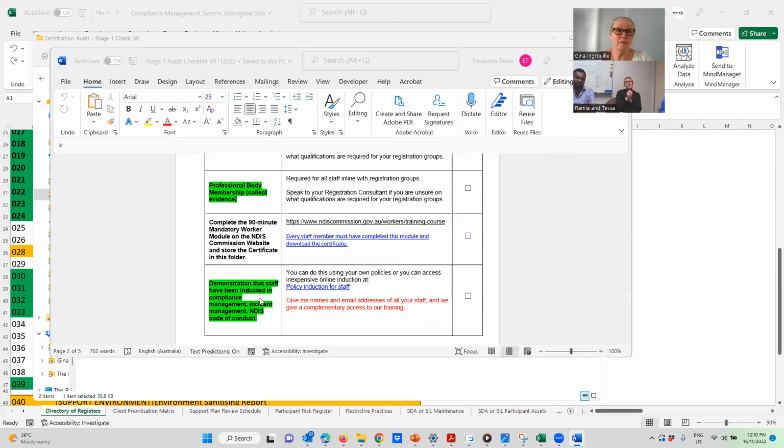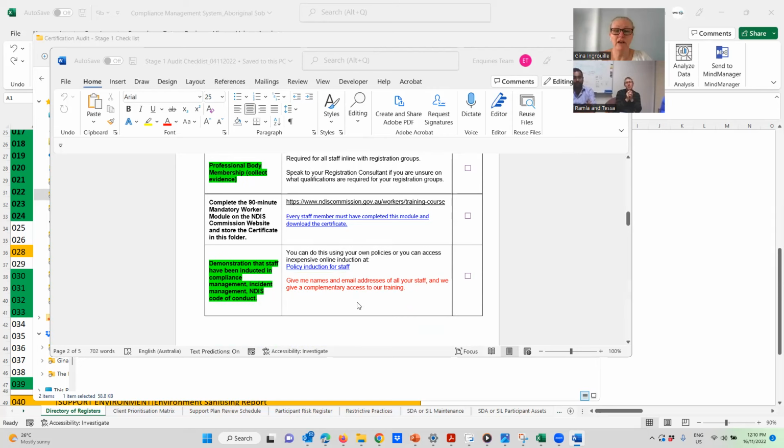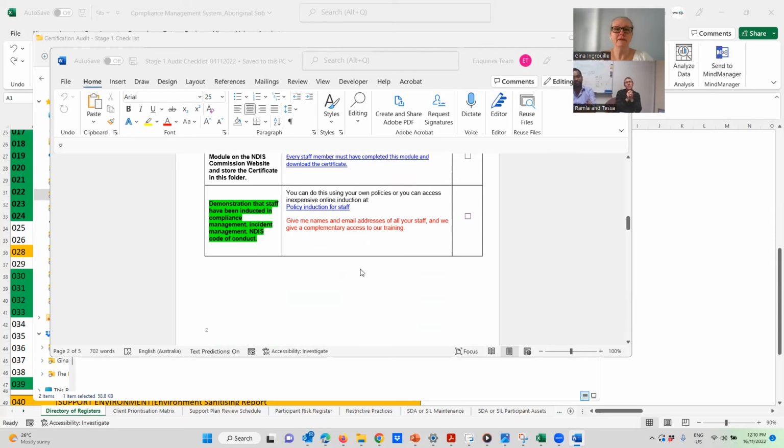We need to demonstrate that people have been inducted, and so the certificates that you download will do that, and you putting them into your register will show that you're going to be monitoring those that need to be refreshed annually.